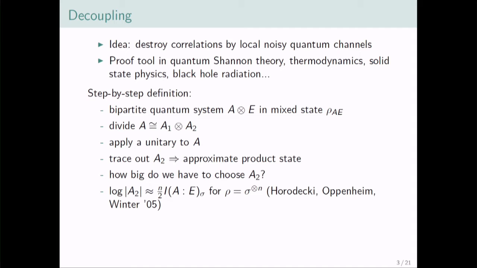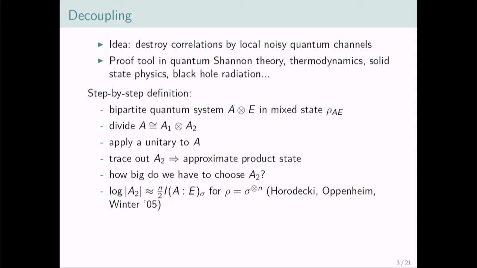As it turns out, the relevant quantity here is the quantum mutual information, at least in the so-called asymptotic or IID setting. So that is the setting where the quantum state we are looking at is a tensor power, just many independent copies of another quantum state sigma.